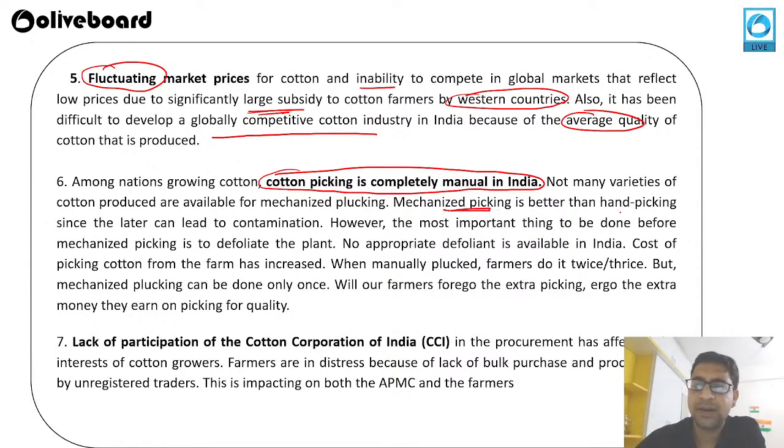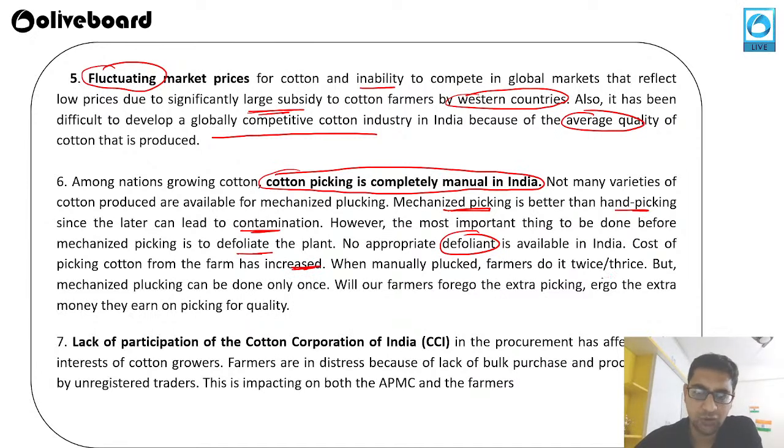Mechanized picking is better than hand picking, since hand picking can later lead to contamination. However, the most important thing to be done before mechanized picking is to defoliate the plant, and no appropriate defoliation has been done in India. The cost of picking cotton from the farm has also increased because of labor cost.